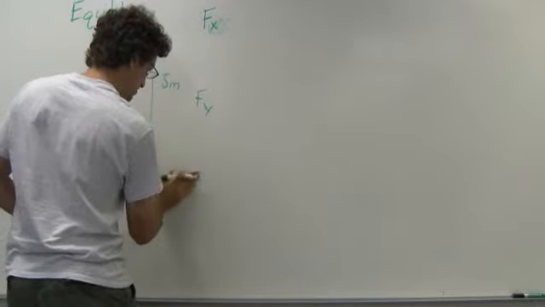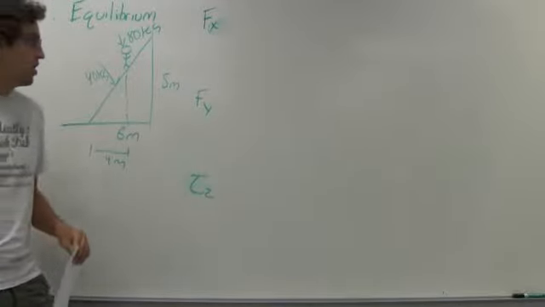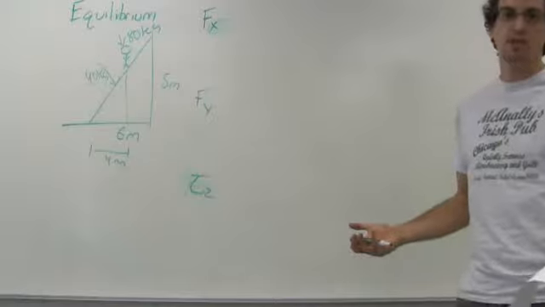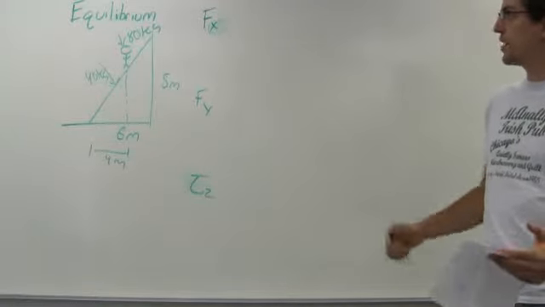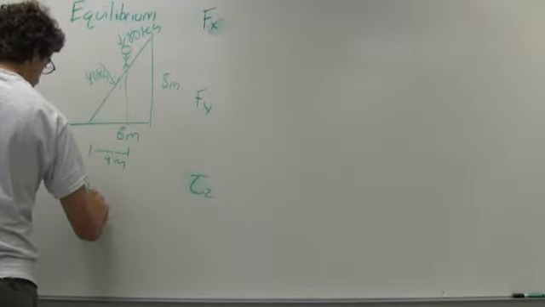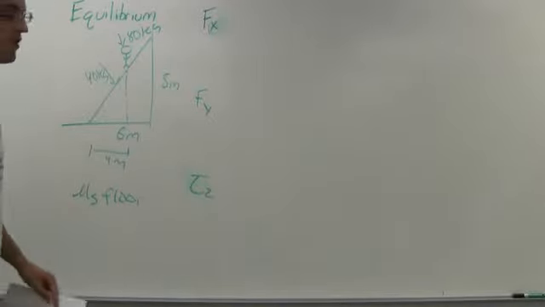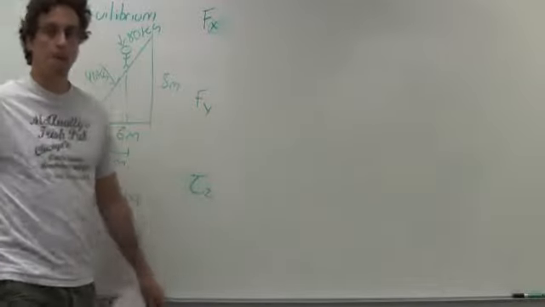So all 3 of those things have to add up to 0 in order for it to be an equilibrium. Ultimately, what we're trying to find is the coefficient of friction on the floor that's needed for this sustained equilibrium. Let's assume there's no friction on the wall.